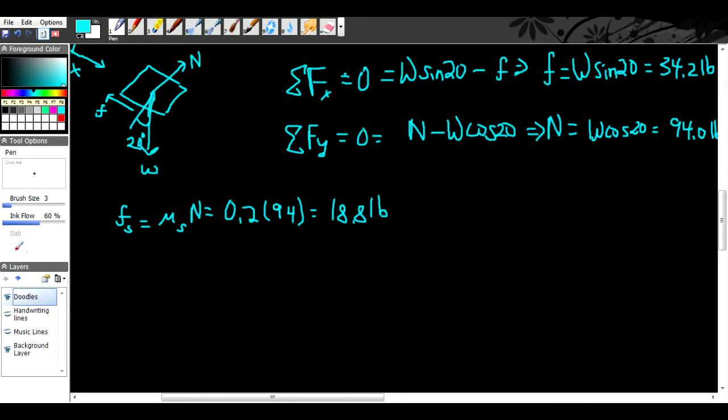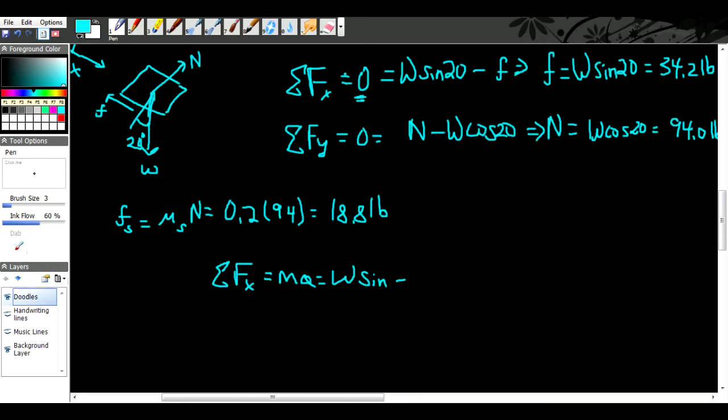So now we need to apply Newton's second law. At first we did the sum of the forces equals 0. Now we need to do the sum of the forces equals ma, because the system is actually moving. So the sum of the forces in the x direction is equal to ma, which is equal to W sine 20 minus the friction force.